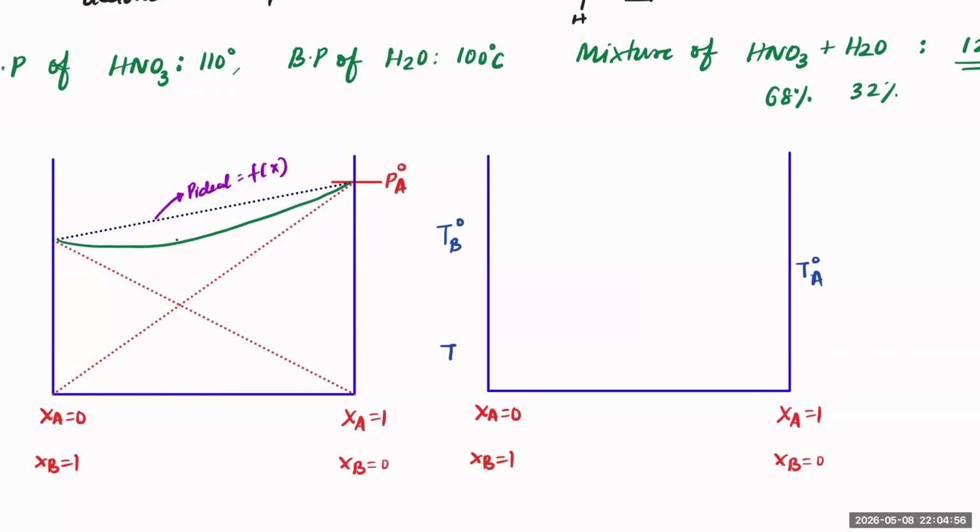At any particular composition, if this much is the total pressure you are expecting, actually it is only showing this much pressure. Same thing, the individual pressures will also be less, and the total pressure also will be less like this. So this is what is practically observed. This will be for PA, and this is for PB, and this is the total pressure.